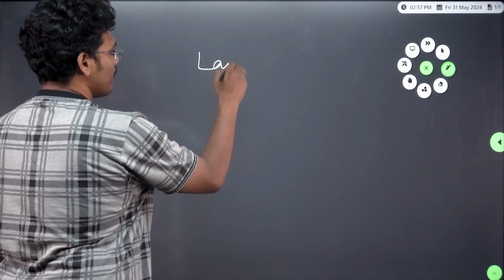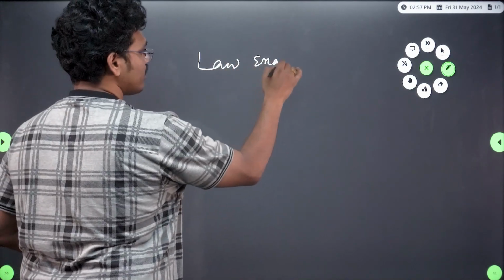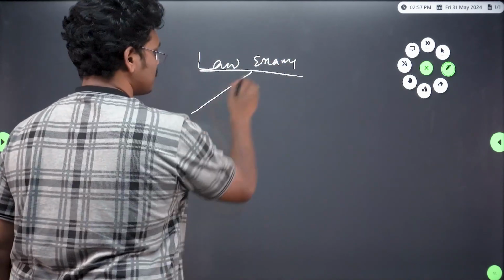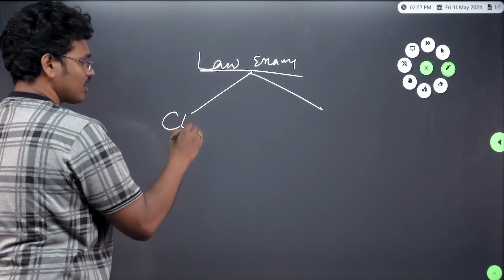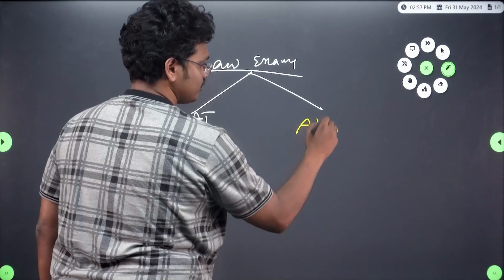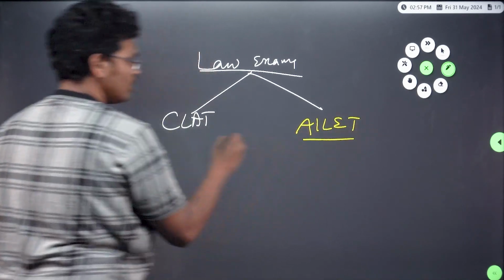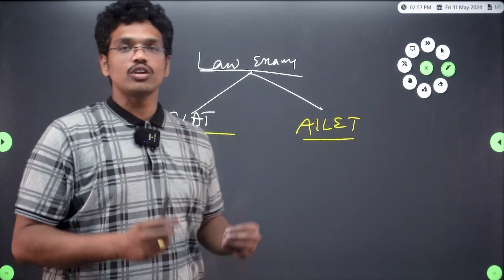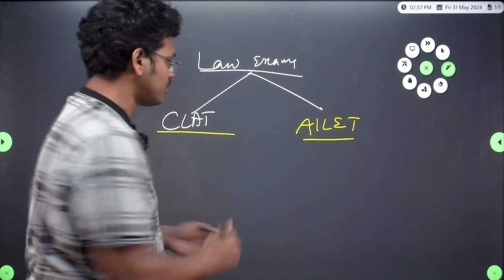Let's start our discussion. You are preparing for law exams where there are two major exams. One is the CLAT exam, another is the ILET exam. The two exams have two different question patterns.